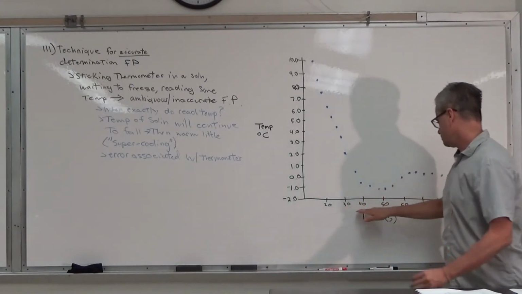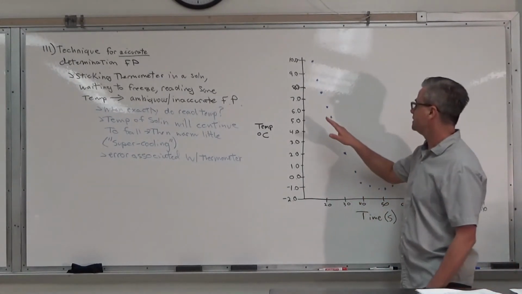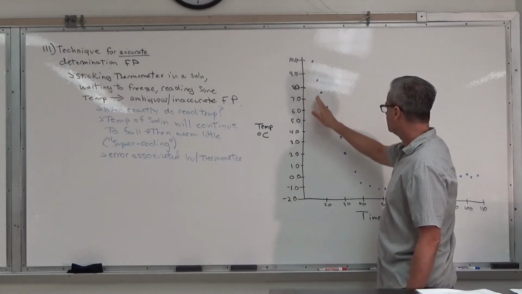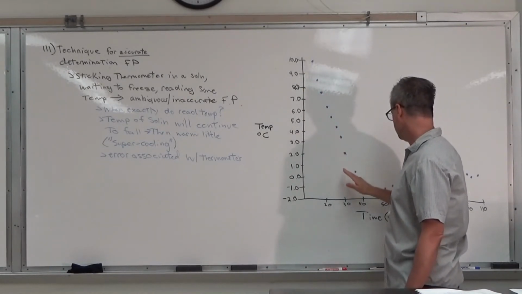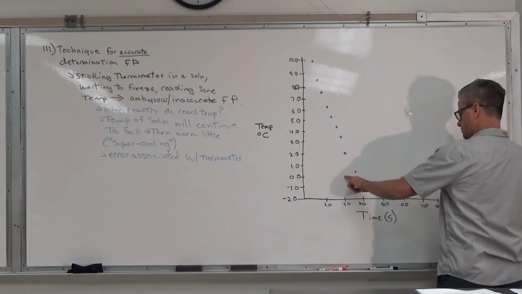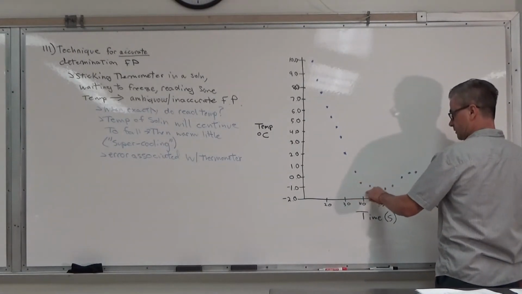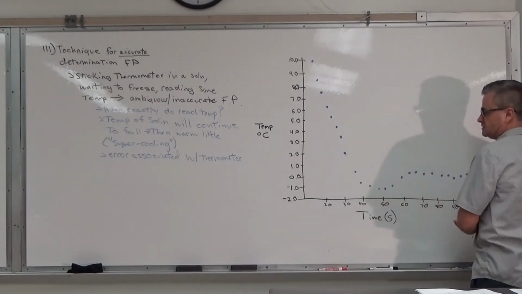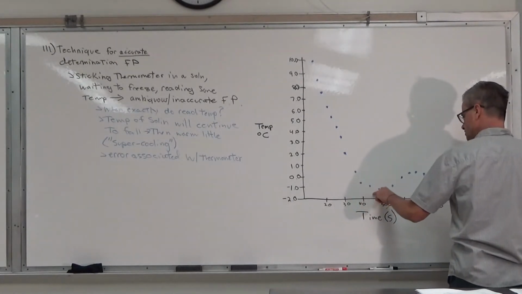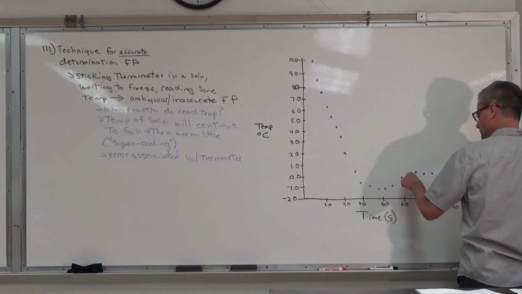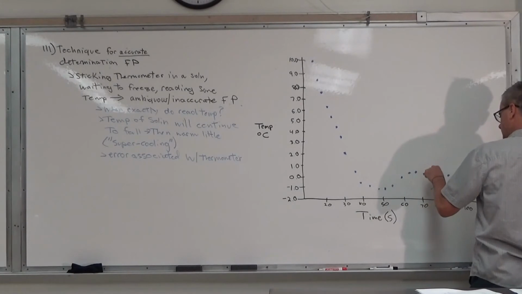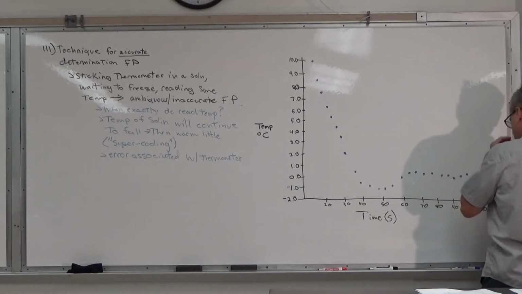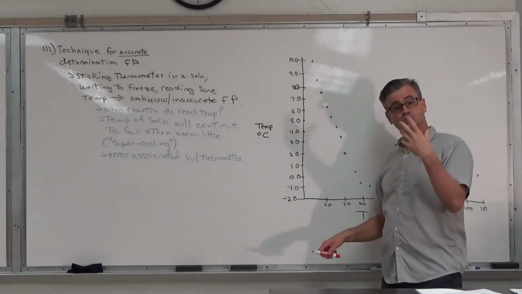At certain time intervals we've taken temperatures, and the temperature's dropping. Then you can see it kind of flattens out and dips below. Let's pretend this is water. It's dipped below zero, but then it warms up again, and then it kind of plateaus out here.